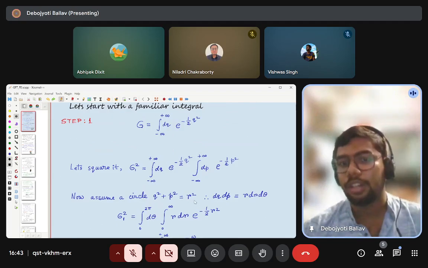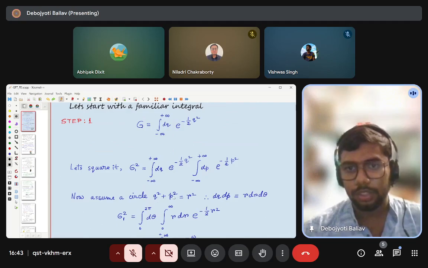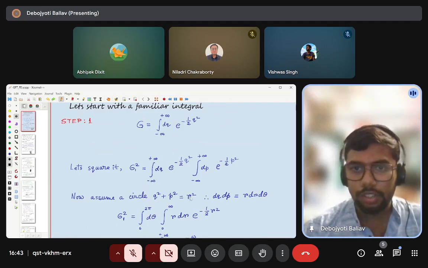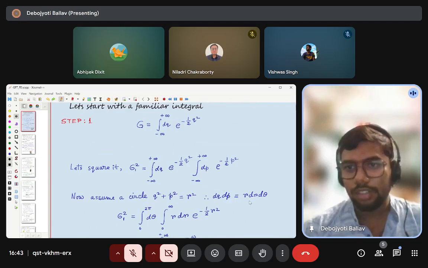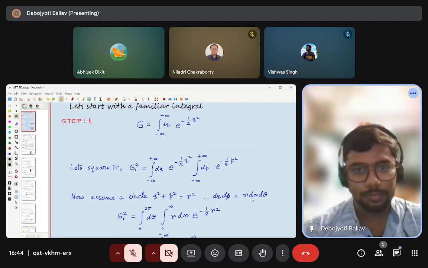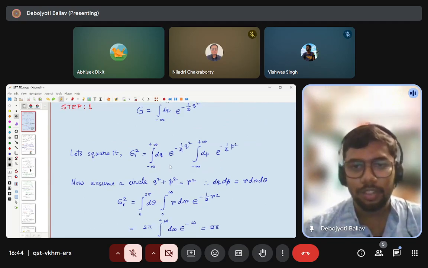It can vary, so the radius of the circle can vary. So you have an elementary area of that circle which is given by dp dq, which is r dr d theta. So you can rewrite your integral, this g square, in terms of the polar coordinates, that is r dr d theta.